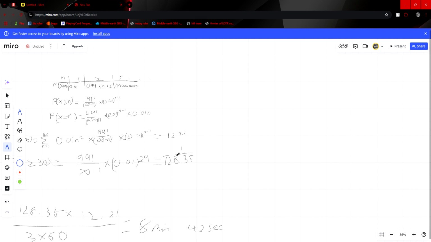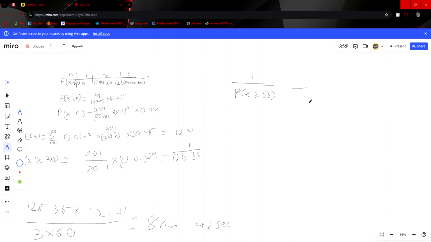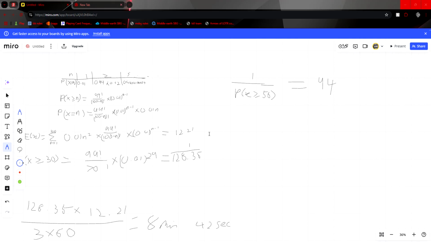Well, I'm just going to immediately write what it is. It's 1 over the probability of x greater than or equal to 56 is equal to very large, because obviously it is all the factorials. Wait a minute. Sorry, I need to rerun my program. 56.